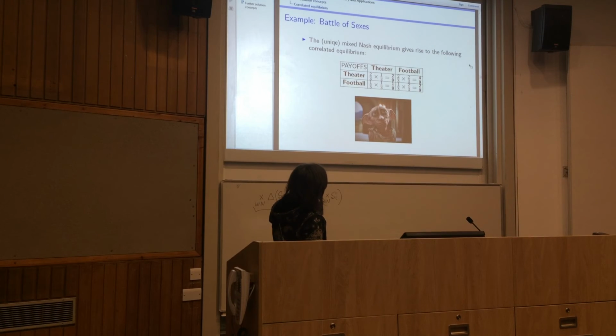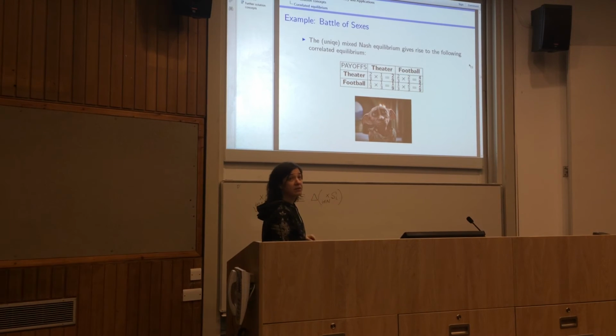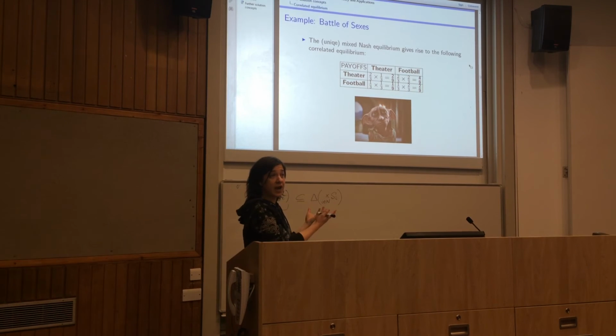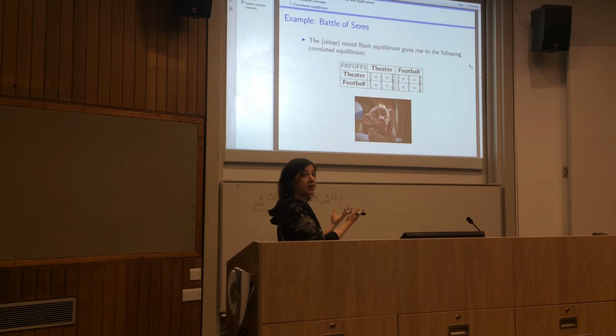For instance, in the Battle of the Sexes, where we had a unique mixed strategy Nash equilibrium, 2/3, 1/3 and 1/3, 2/3, the correlated equilibrium of that game would be given by probabilities 2/9 for theater-theater, 4/9 for theater-football, 1/9 for football-theater, and 2/9 for football-football. You just take the product of the probabilities given by the mixed strategy Nash equilibrium.